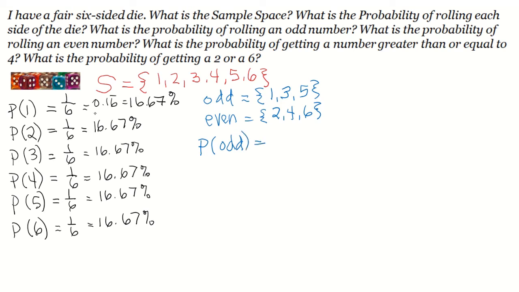We have 3 possible outcomes for rolling an odd number. We're going to divide that by the total number of possible outcomes, or our sample space. That's going to be 50%.